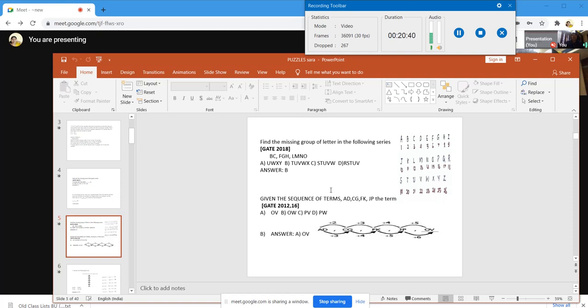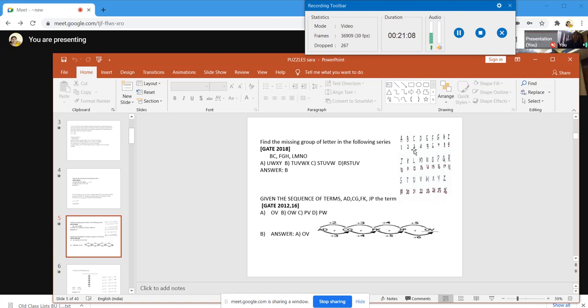Let's come to the first one. Find the missing group of letters in the following series. They have given BC, FGH, LMNO. So what is your answer? When you see, you just write the corresponding number for each alphabet.